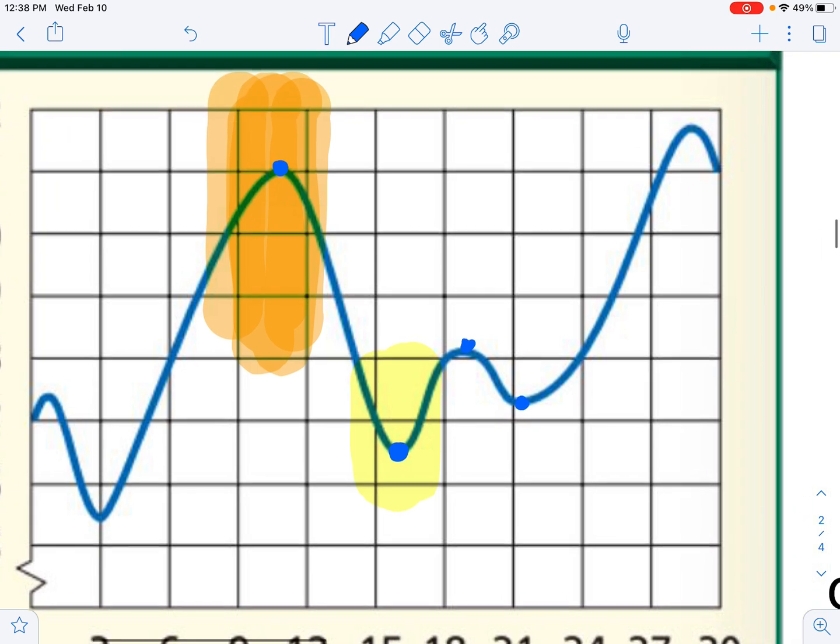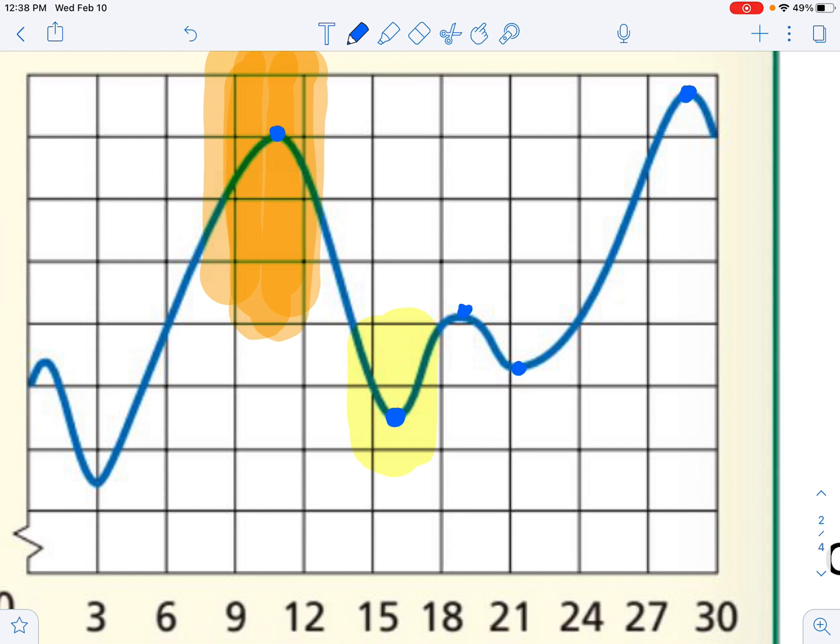And the final relative maximum occurs between 27 and 30 years. Those are basically where the turns are happening. And it's just a relationship in terms of a shorter space. We're not looking at the entire graph, we're only looking at small parts.